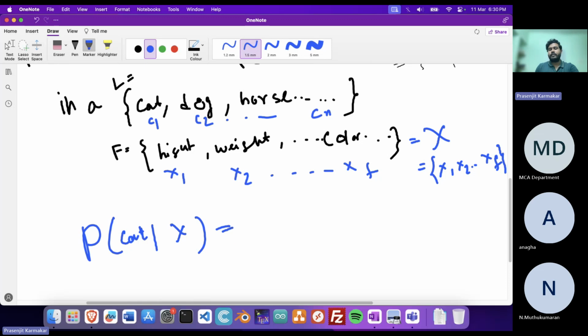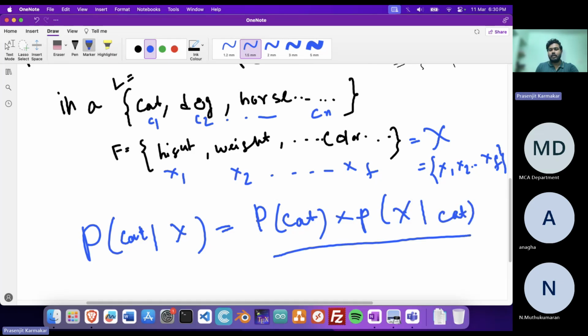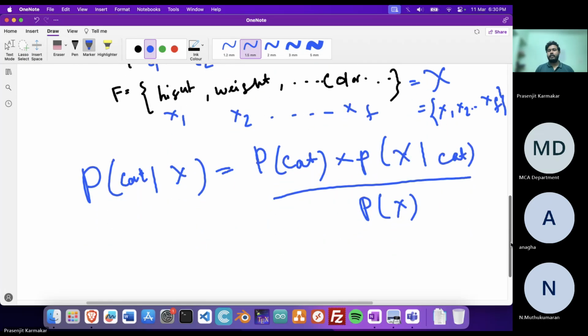It is equal to probability of cat times probability of X given cat, divided by probability of X, right? So this is what naive Bayes tells us.